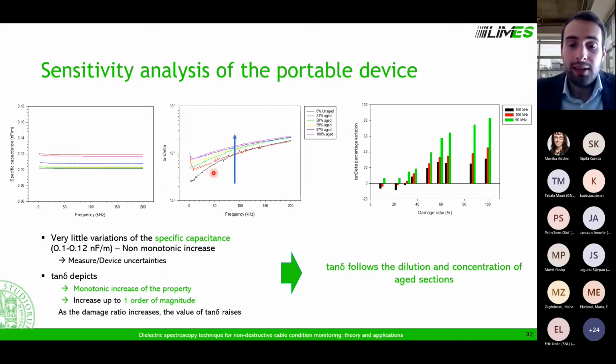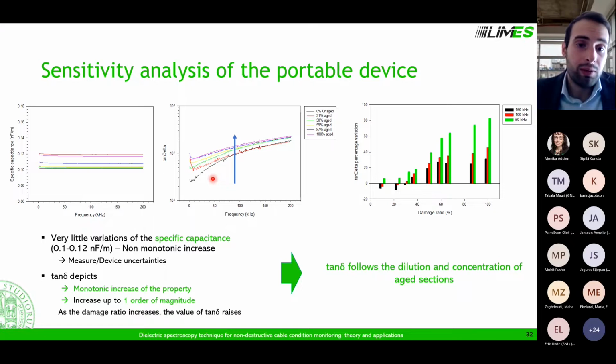What is interesting here is, first conclusion, that we can evaluate the aging inside the cable, comparing the 0% up to the 100% aged ratio.